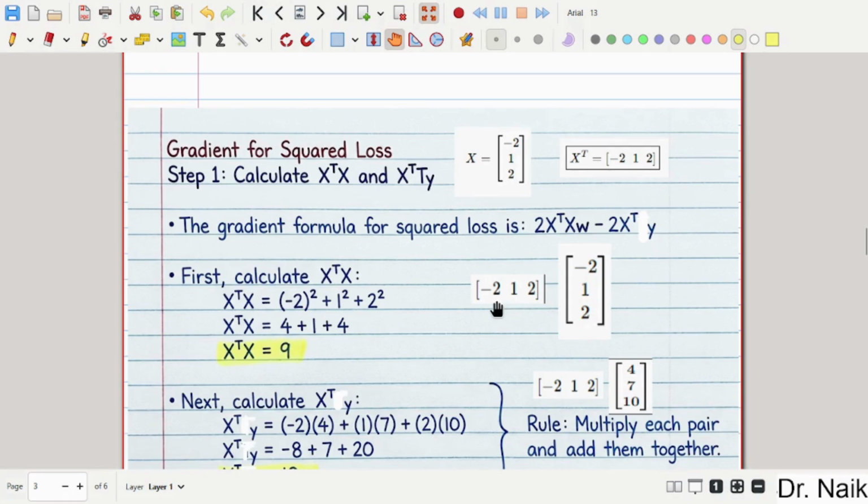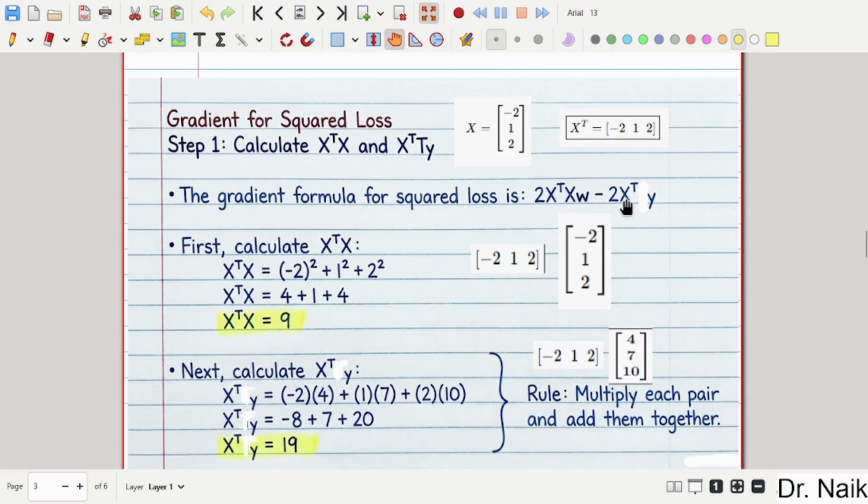So -2 multiplied by -2 is (-2) square, plus 1 into 1, 1 square, plus 2 into 2, 2 square. (-2) square is 4, 1 square is 1, 2 square is 4. Therefore 4 plus 1 plus 4 is equal to 9. So x transpose x is 9.